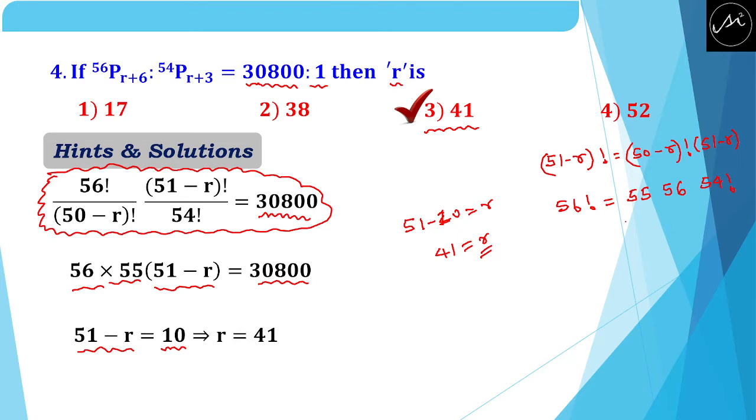So this 55 into 56 will remain as it is. 54 factorial will get cancelled. (50 minus r) factorial will get cancelled. So (51 minus r) will be multiplied with 56 into 55. Therefore r will be equal to 41. So option 3 is going to be the right answer.